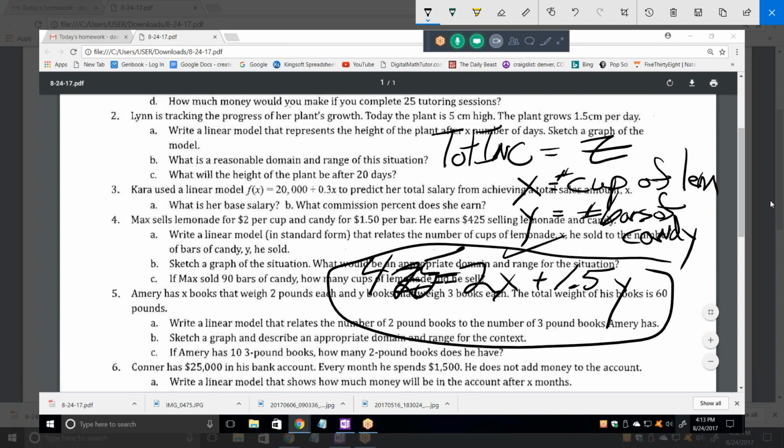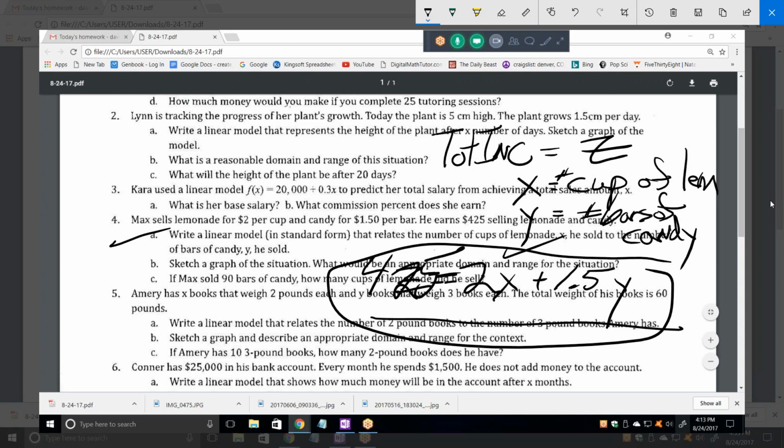All right, so A is what we did. Now even though they're calling it a linear model, okay, I'm not going to argue with them. But the linear model is Z equals 2x plus 1.5y. Oh, I see why they do it. In other words, we know she made 425, so they've replaced that for Z, and now they have an equation that just has an x and a y in it.